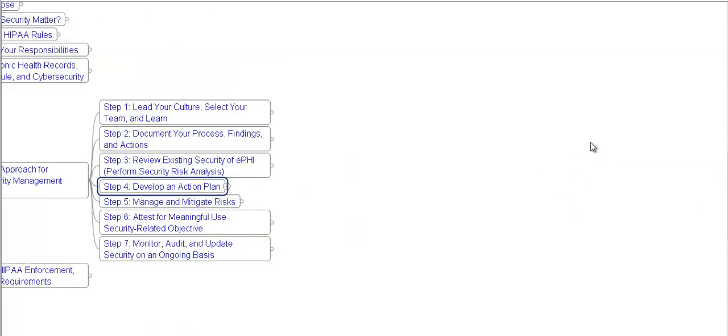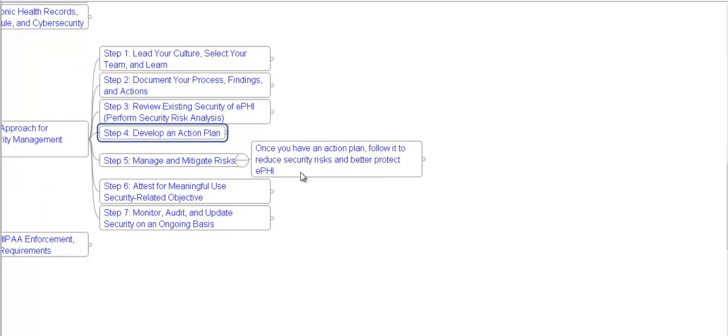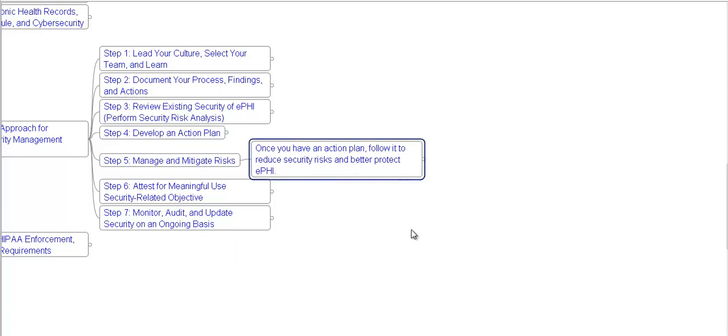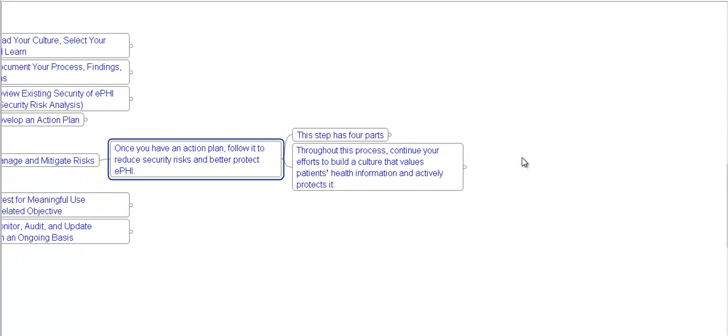Okay, now I'll move to step 5, manage and mitigate risks. Once you have an action plan, follow it to reduce security risk and better protect ePHI. This step has 4 parts.